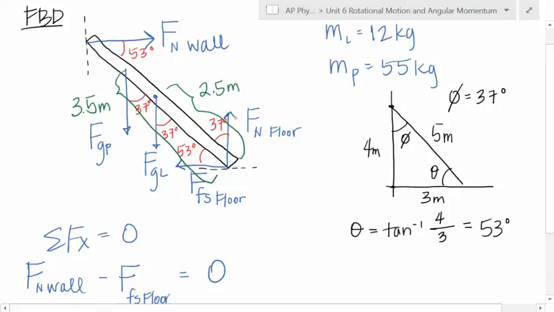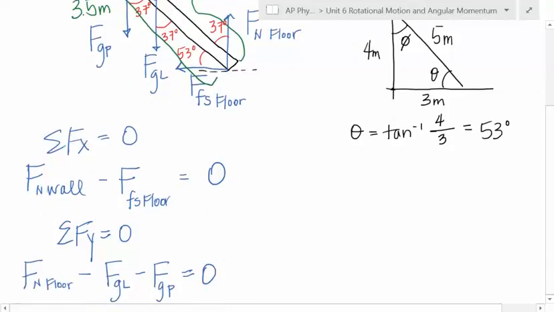We want to ultimately find the coefficient of friction. And if you think back to what we learned first semester, the coefficient of friction is buried inside the force of friction. So that means that the force normal wall will equal force friction static from the floor.